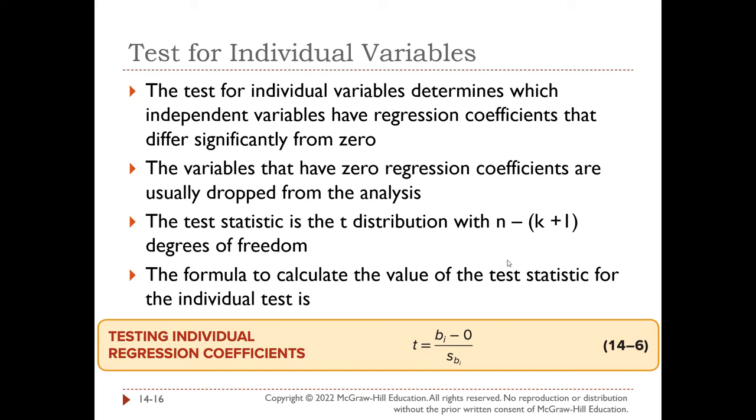The formula to calculate the value of the test statistic for the individual test is as follows. T equals bi minus 0 divided by the standard error of bi.